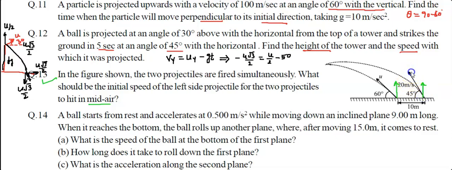So you can find the vertical component of this, and you can find the vertical component of this. That is going to be u sin 60. And from here, this vertical will be 20 sin 45, isn't it? So now you need to simply equate these two. As you equate, you will find the value of u, which will cause the collision in mid-air.